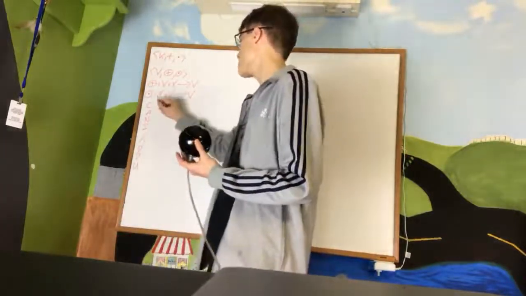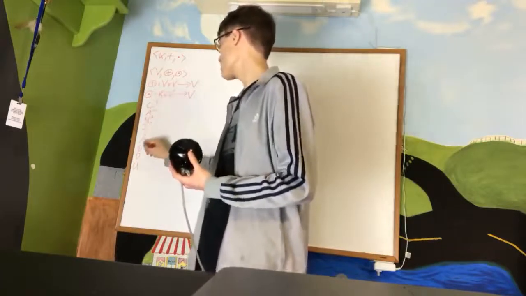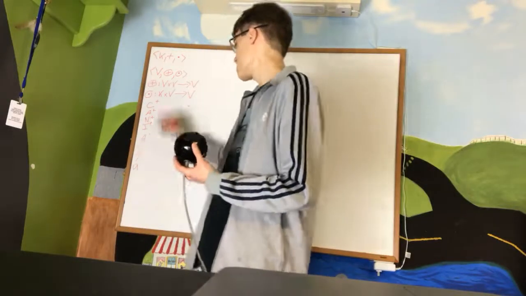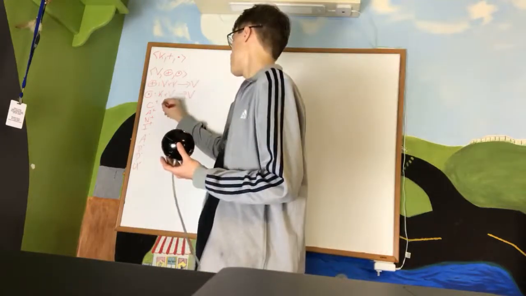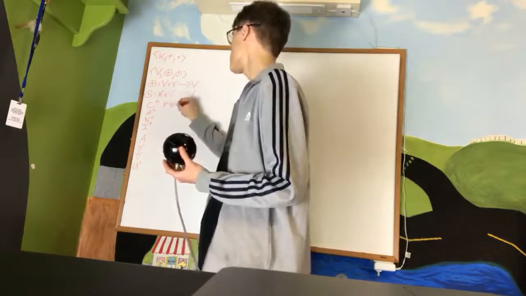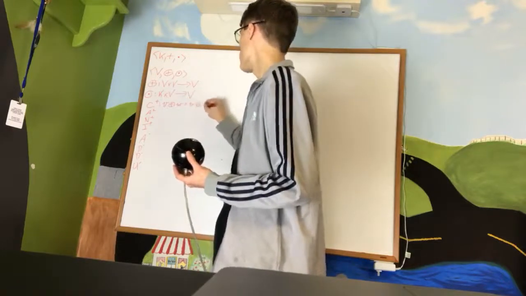So the Connie part is for addition, and the Adu part is for multiplication. Now the C means it's commutative. So V circle plus W is equal to W circle plus V.